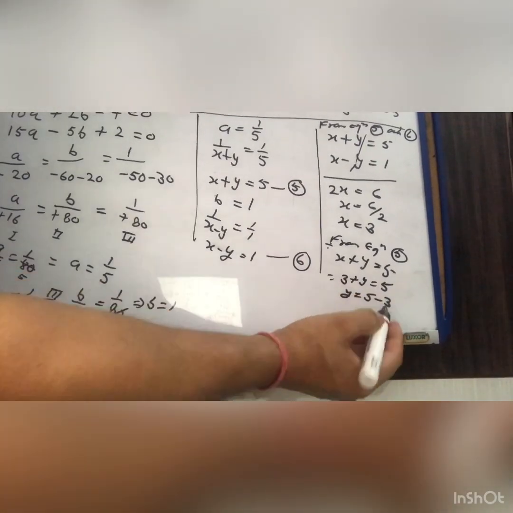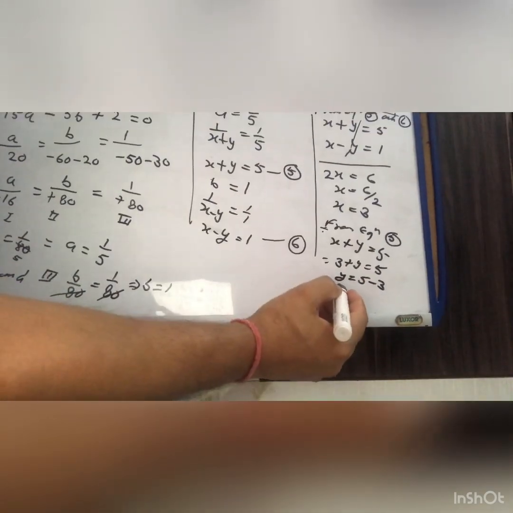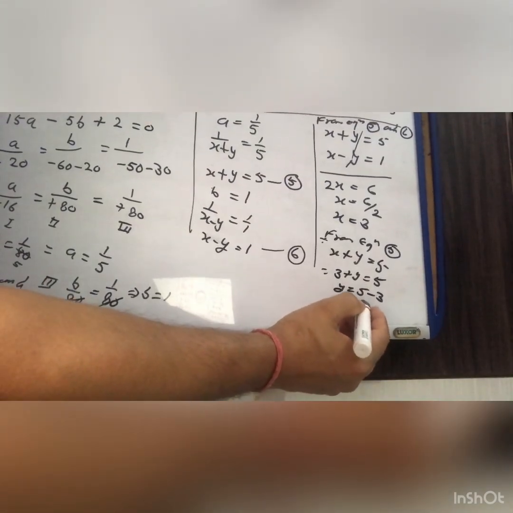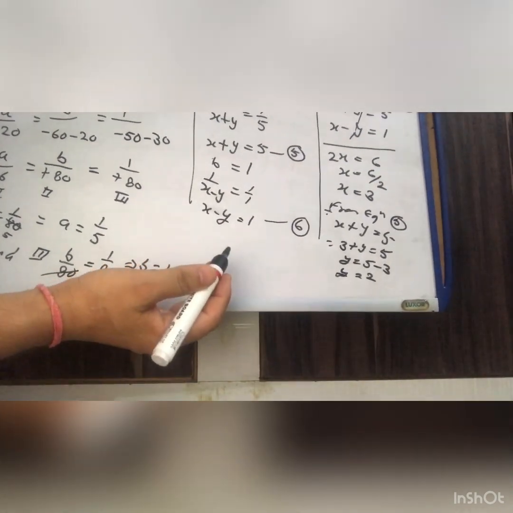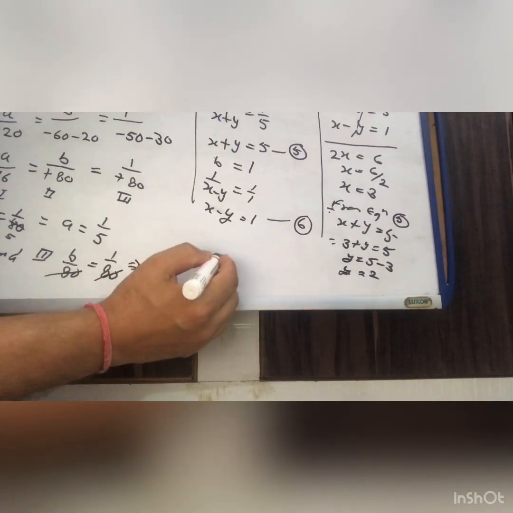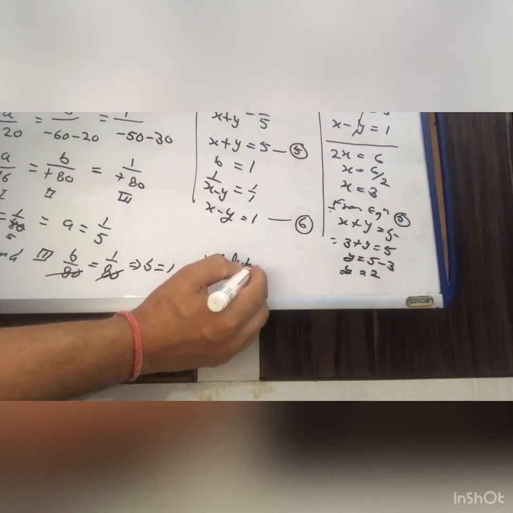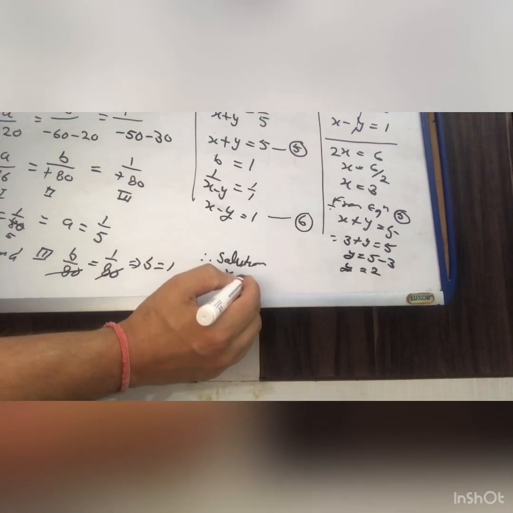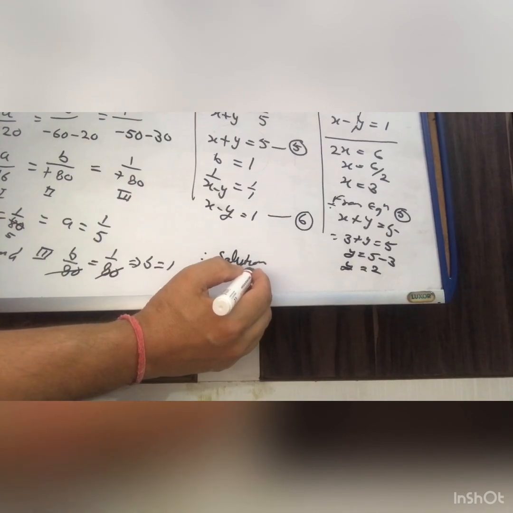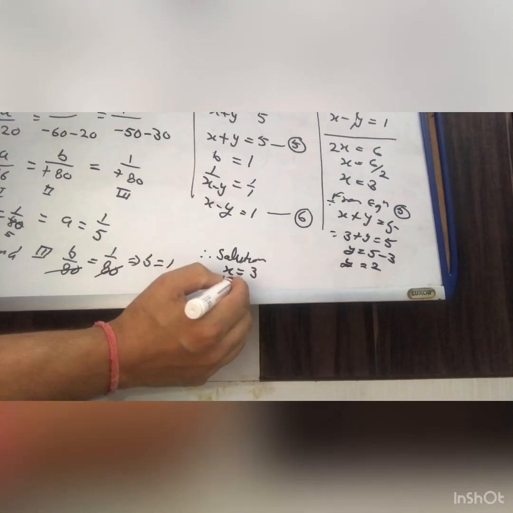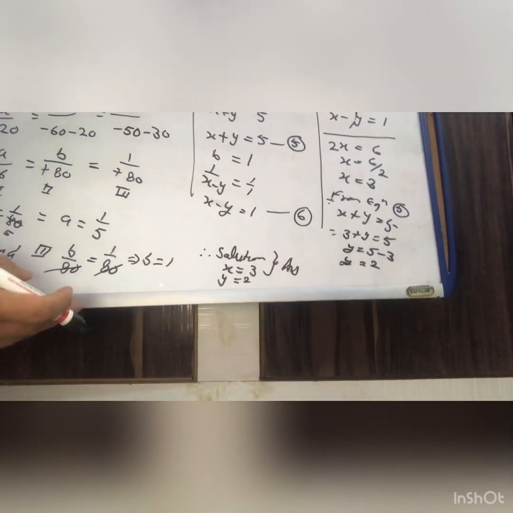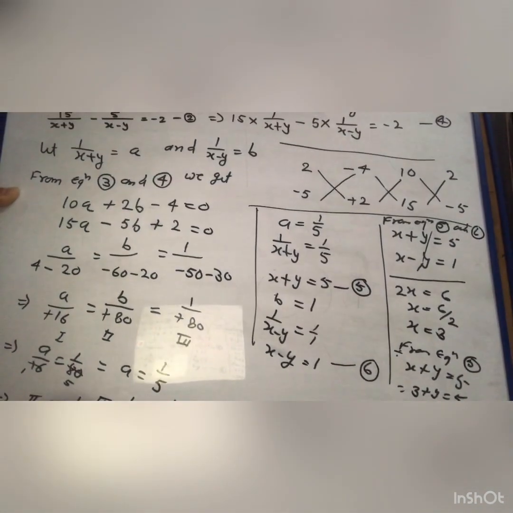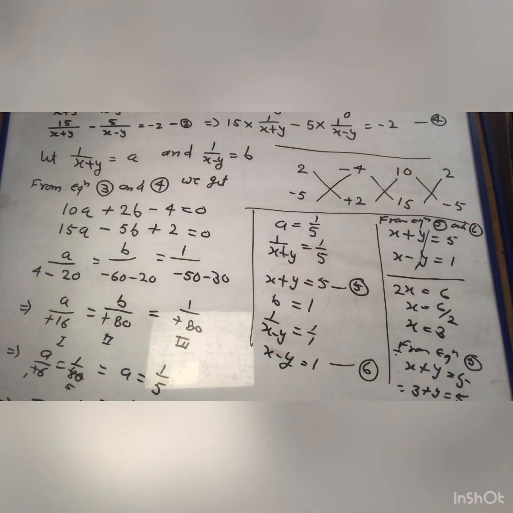Transpose this 3 to the right side and you will get y equal to 2. Hence you will get the solution. Therefore the solutions are x equal to 3 and y equal to 2. So this is your answer.